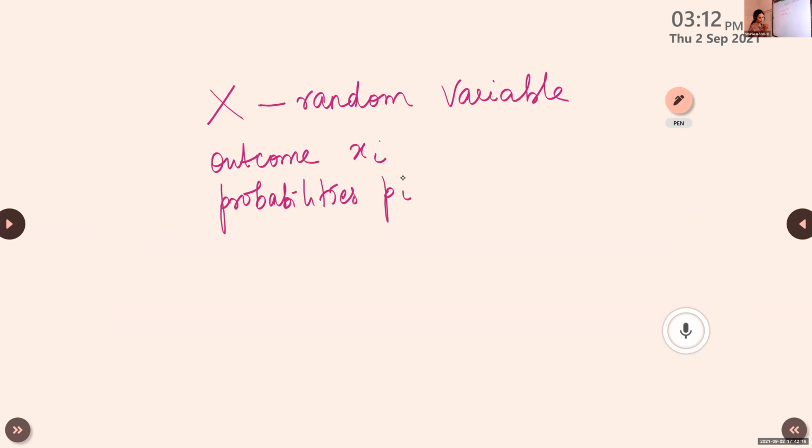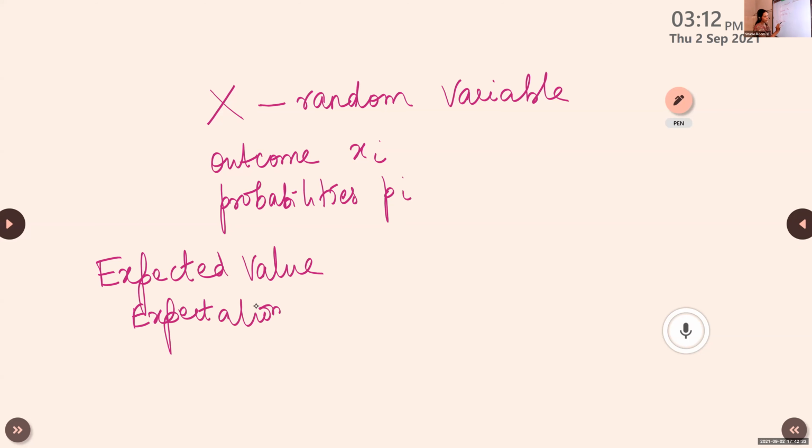So now listen children, we are going to learn few terms here. The expected value, sometimes we call it expectation, or otherwise called mean.